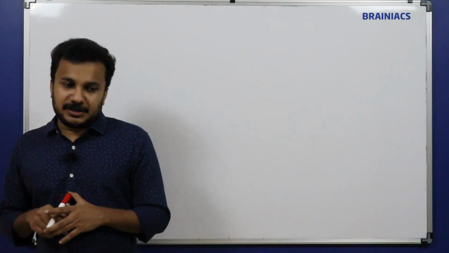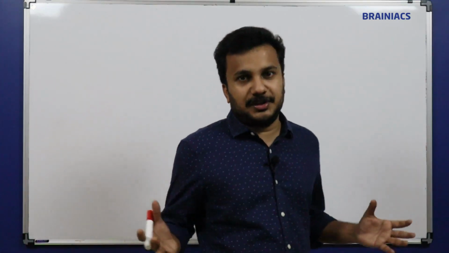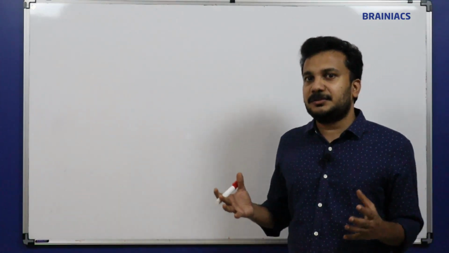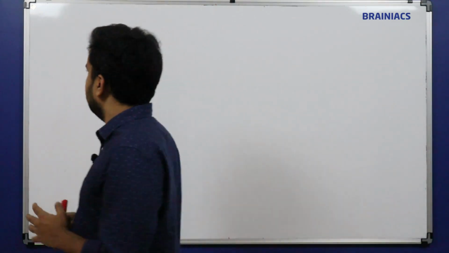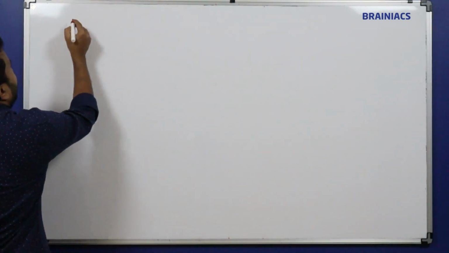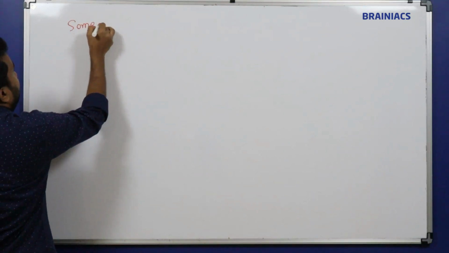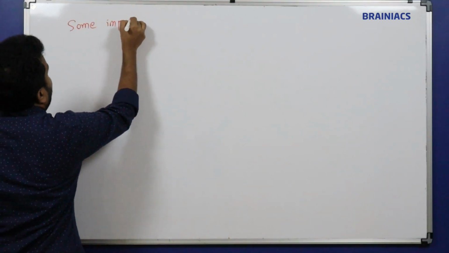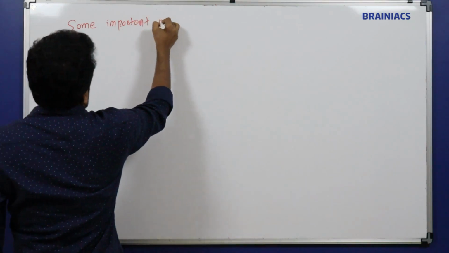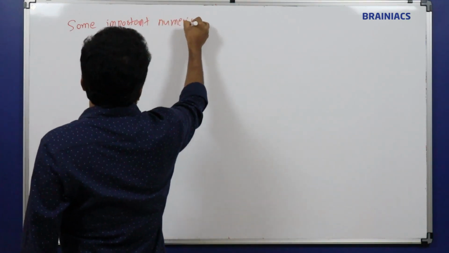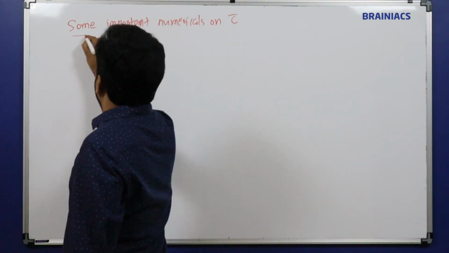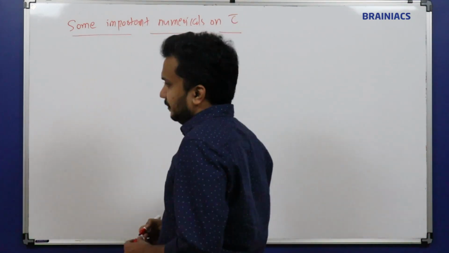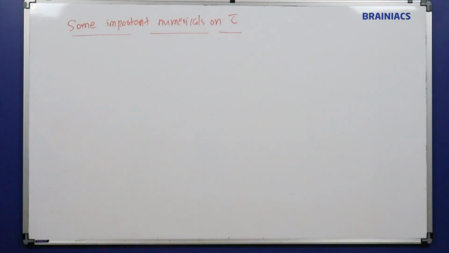It is actually a collection of rotational motion equations with torque, conceptually included in some of the best numericals. Okay, so write down the heading: some important numericals on torque, exclusively with respect to torque. These questions come very frequently.